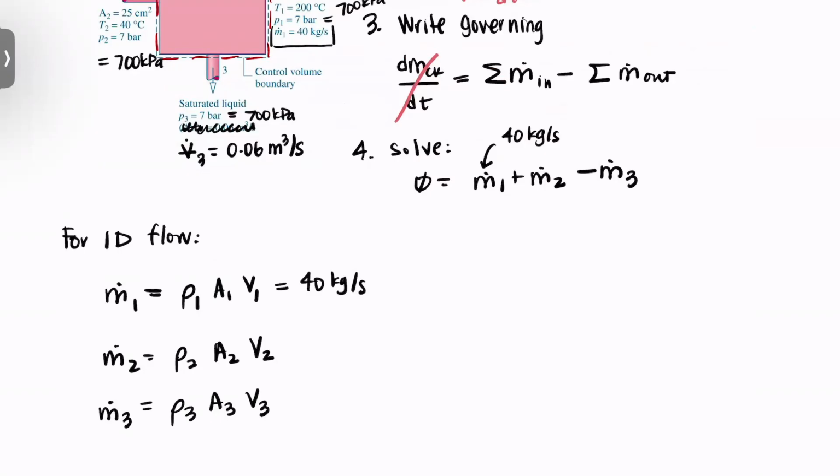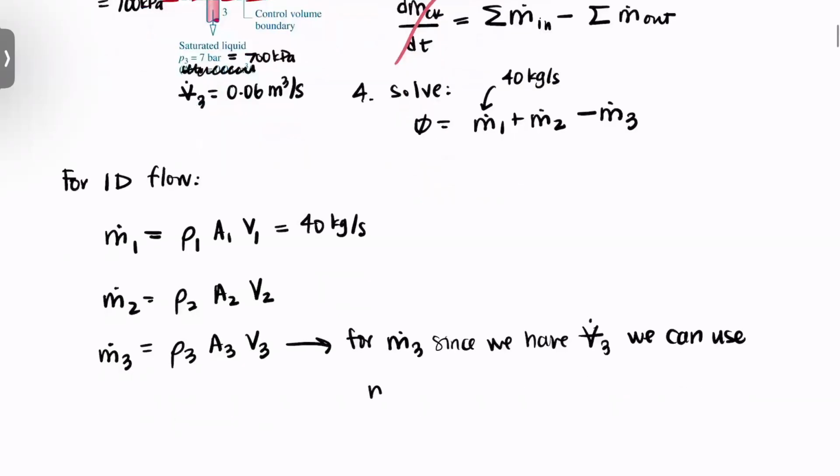And then for the outlet, m dot 3, we're pretty close because we already have V dot, right? So for m dot 3, since we already have V dot 3, we can use the following. m dot 3 is equal to V dot 3 divided by the specific volume at 3.